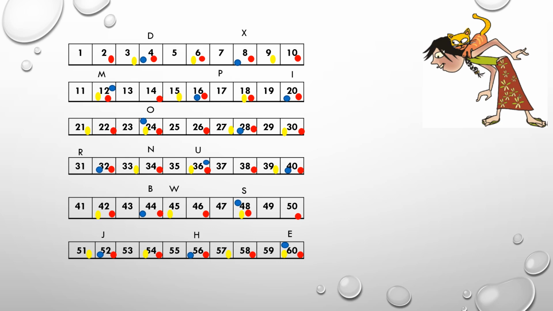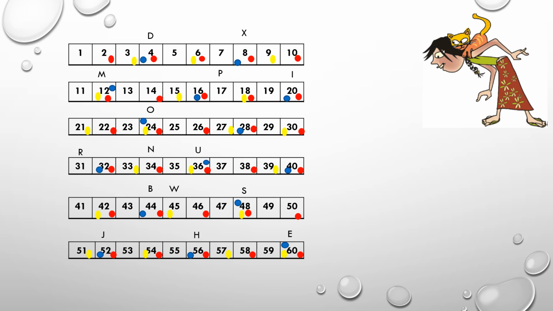Now as you can see, there are alphabets written above the numbers. Like above the 4 there is D, above 8 there is X, above 12 there is M. So what you have to do is find out which boxes have dots of all 3 colors.